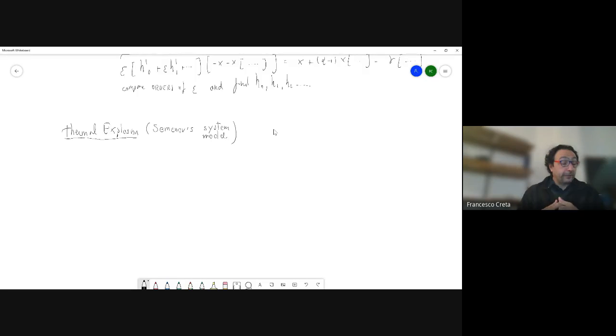So what you have to think about in terms of Semenov's system is a closed vessel, okay, of a certain volume V. In this vessel, we're going to add a combustible mixture, okay?